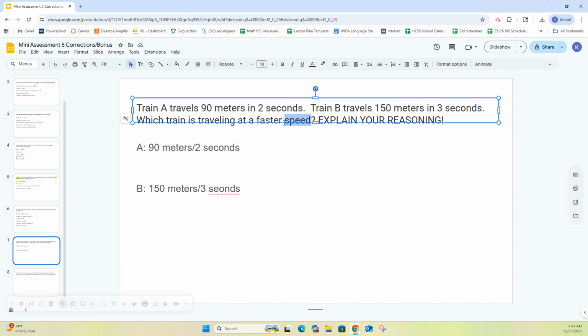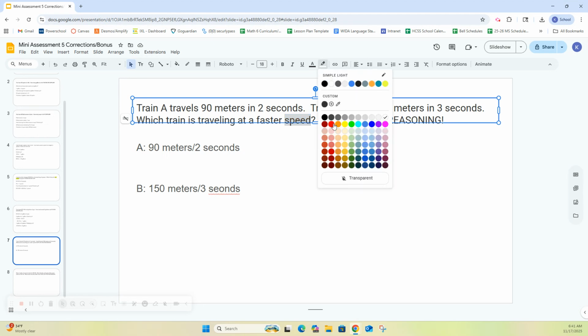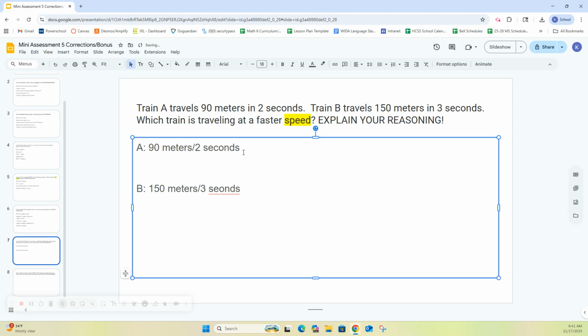So we need to think about, how do we get speed? We divide the distance by the time, because we need to make these both out of 1 second. Because we can't compare 2 seconds to 3 seconds, we need to make them both per second to get the speed. How would I go from 2 seconds to 1 second?